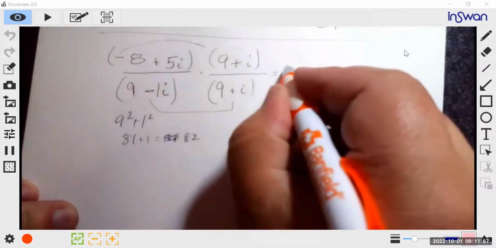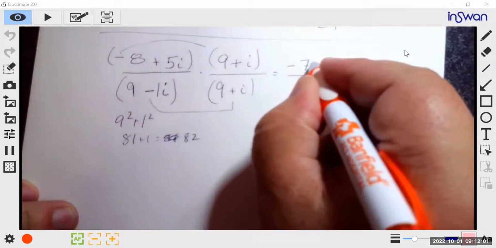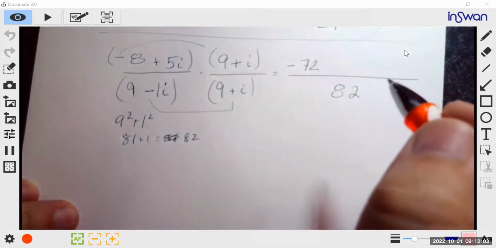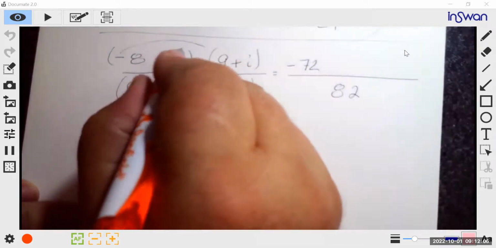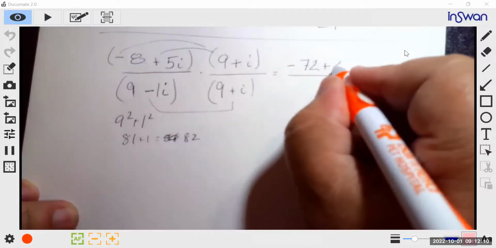Negative times positive is a negative. 8 times 9 is 72. Positive times positive is a positive. 9 times 5i is 45i.